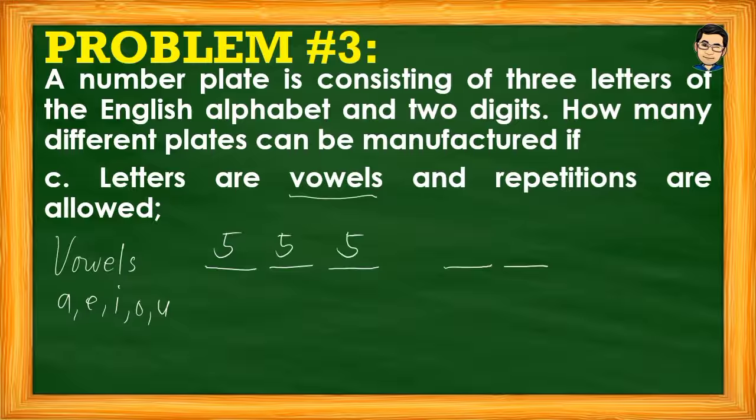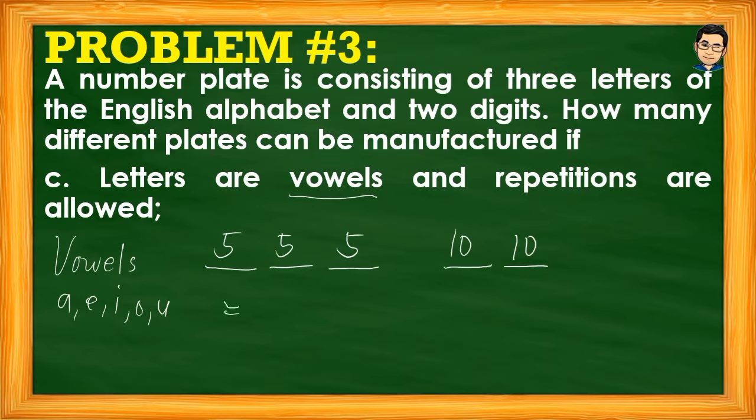So, kapag tinanong tayo or naka-indicate sa problem na repetitions are not allowed and then vowels pa rin yung mga letters, so ang gagawin po natin nun, 5, 4, 3. And then for digits, 10, 10. And then again, pag repetitions are not allowed, magiging 10, 9.